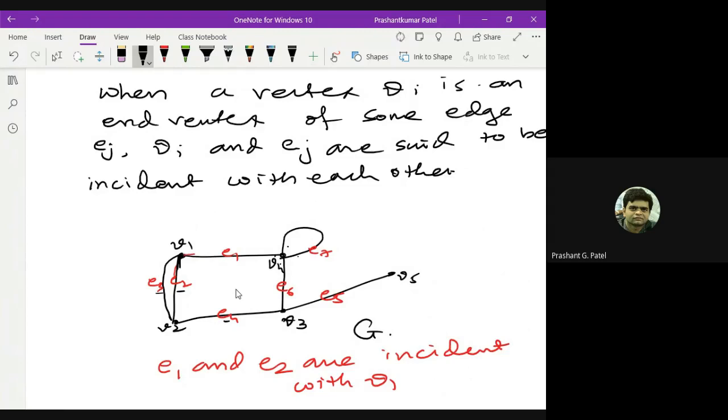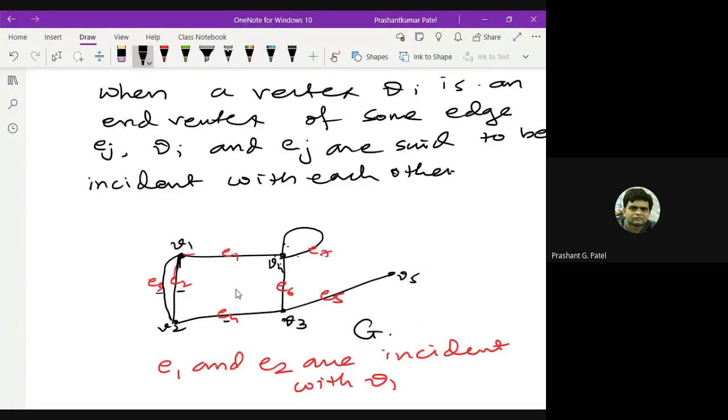So the contribution of this edge E2 is 2 times. And so on. For every edge you have counted twice. So the contribution of any edge in the degree sum will be 2 times. If it is a self loop, then we are also counting it twice.